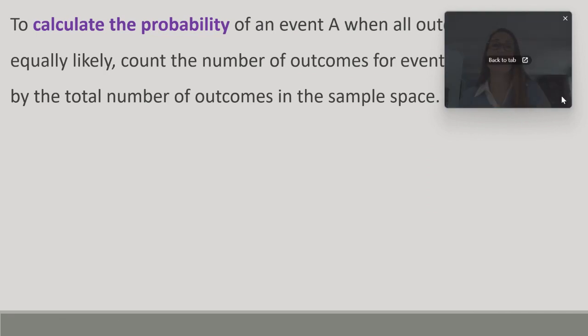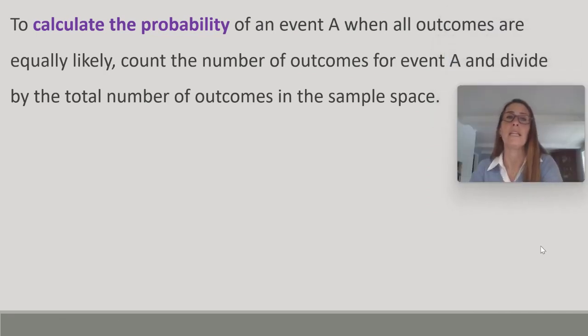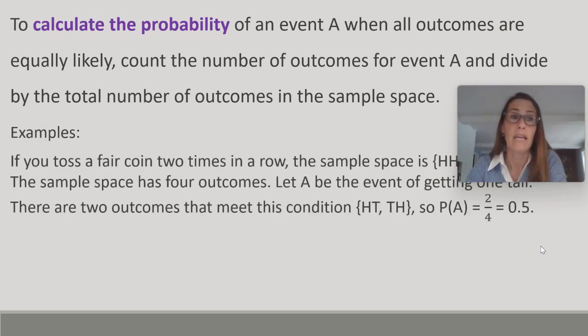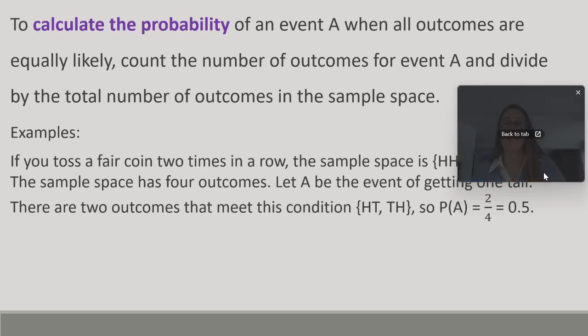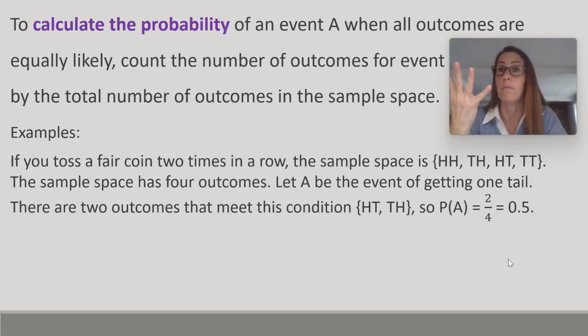So to calculate the probability of an event A, when all outcomes are equally likely, we count the number of outcomes for event A and divide by the total number of outcomes in the sample space. So for example, if you toss a fair coin twice in a row, the sample space, as we saw before, was heads heads, heads tails, tails heads, and tails tails. So the sample space has 4 outcomes.